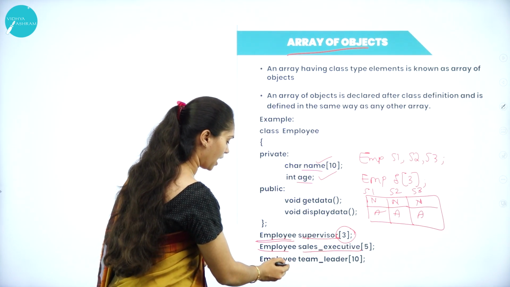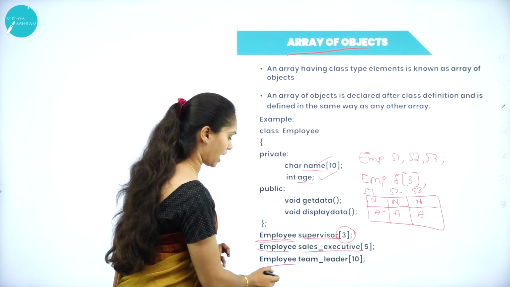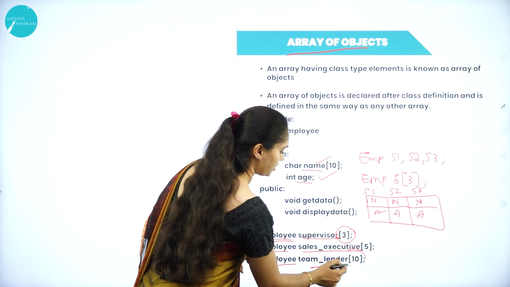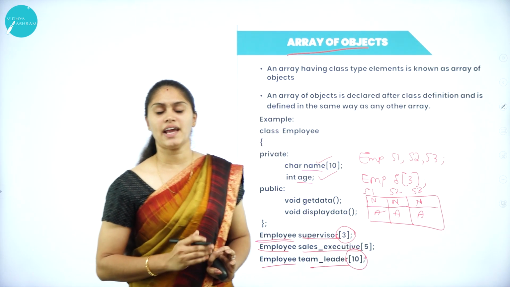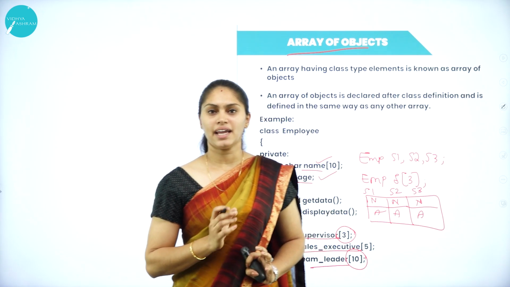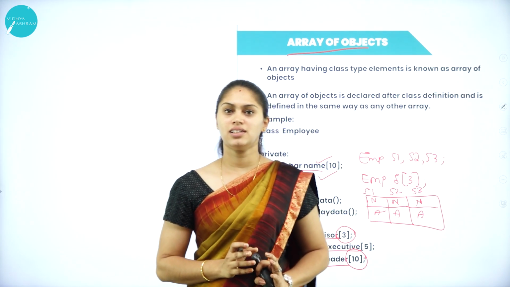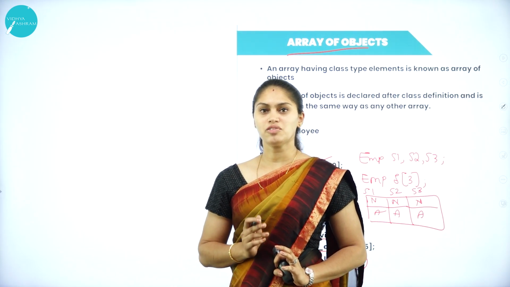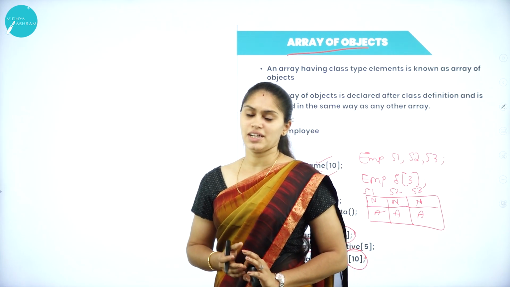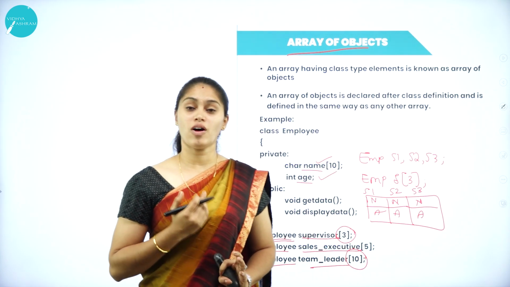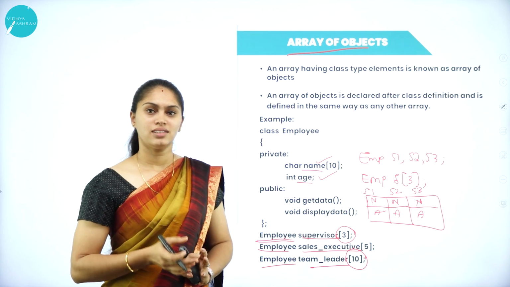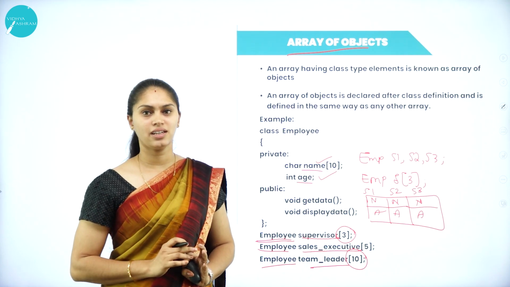Okay, so I am creating one more object. Employee is the class name and team leader of 10. So instead of creating 10 objects of team leader, I can create only one object team leader with a size of 10. So it has the ability to hold the values of all the 10 team leaders' data. So that includes name and age.